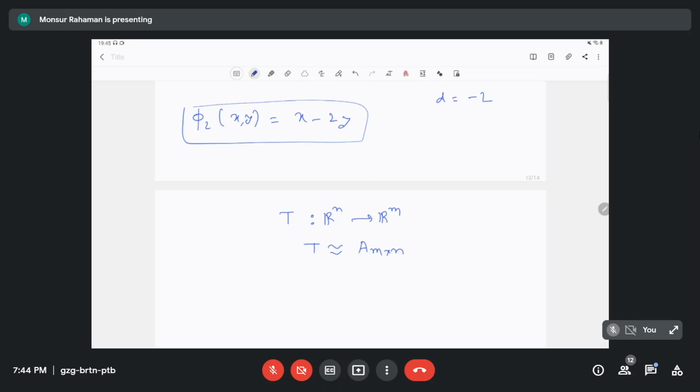To find the first column of this linear transformation, you have to send the first basis vector and express it in terms of the basis vectors of the other vector space, and write down the components that come out.